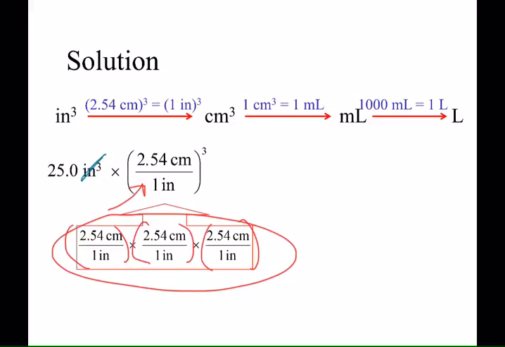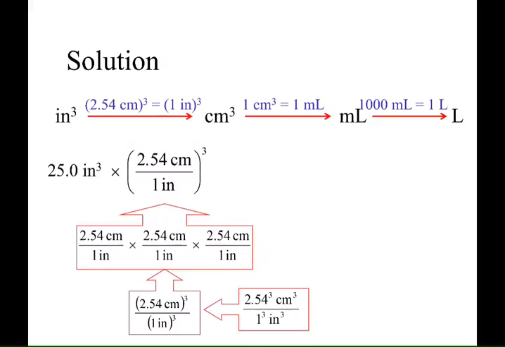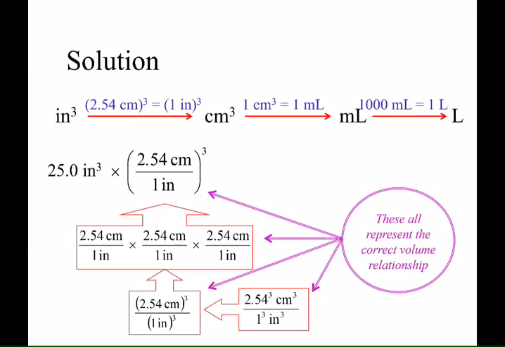And then my inches cubed would cancel with these three terms, and I'm left with units of centimeters raised to the third power, and then it hits me over the head that I need to take 2.54 times itself 3 times. Like I did before, showing you that 2.54 centimeters over 1 inch quantity raised to the third power, those things in boxes all mean the same thing.